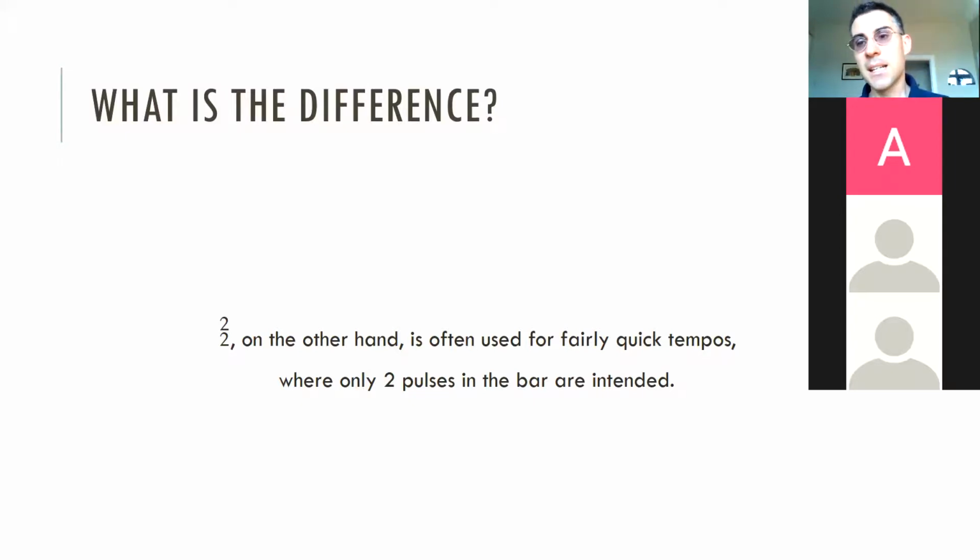And if we were to write that out as 4/4, it would give us the idea that we wanted to hear each of those crotchets individually, whereas actually we want to hear 1, 2, 1, 2. So 4/4 is for moderate and slower tempos, but 2/2 is where you specifically want to hear 2 pulses rather than 4. Any questions so far?